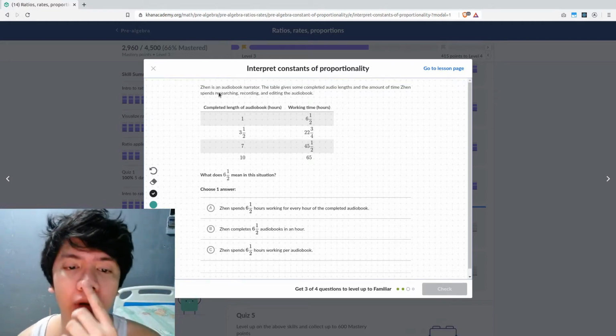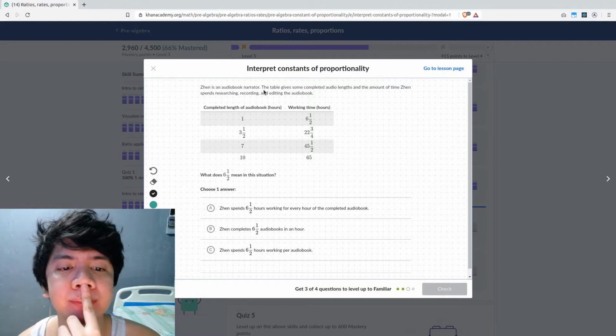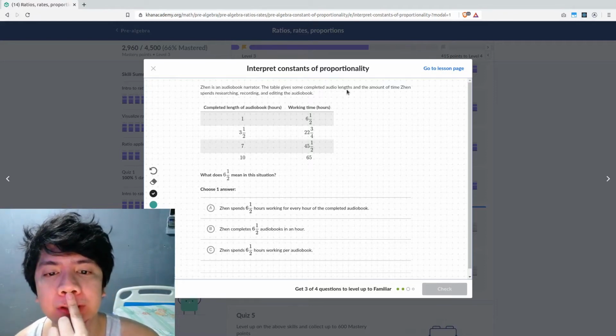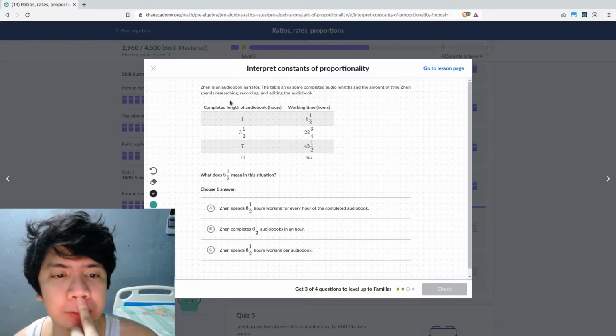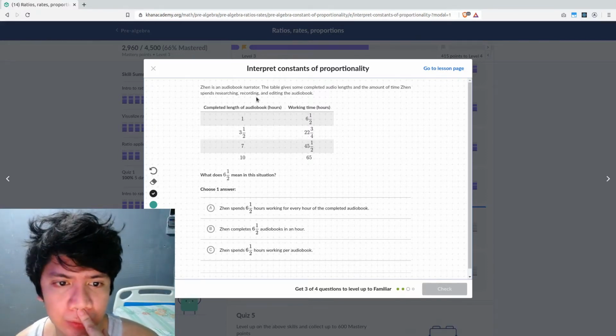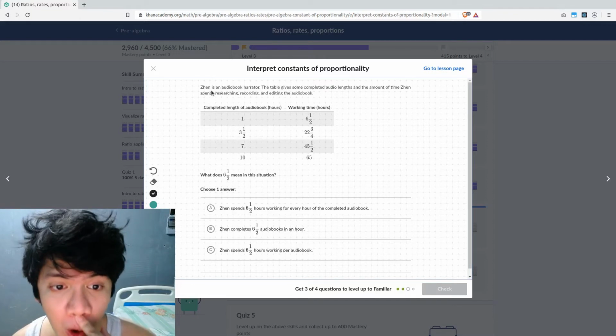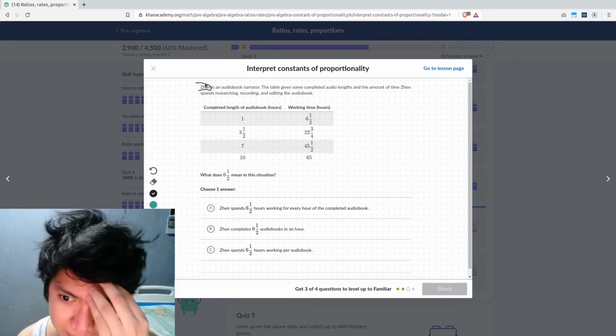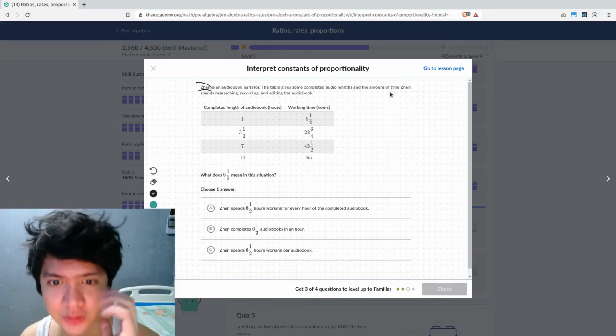Oh, is this supposed to be a person? I thought it was kind of a device, an audiobook narrating device. I guess it's a person.